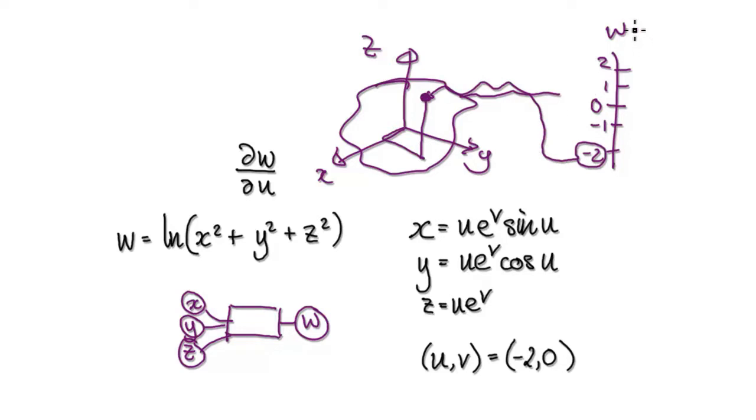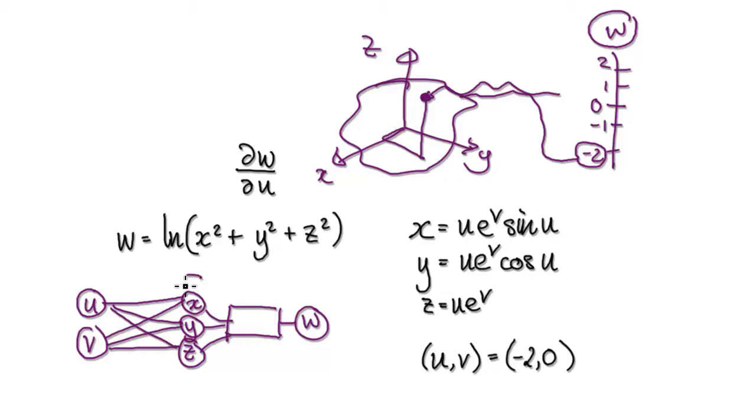So you want to know the partial derivative of w with respect to u. If you look at this, x is driven by u and v, so everything is driven in terms of u and v. From these two variables you determine where the particle should be in the x direction, the y direction and the z direction.